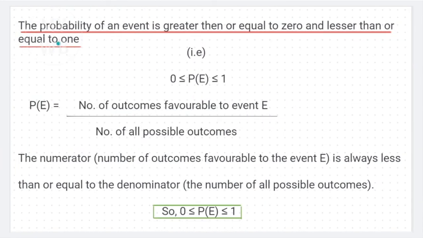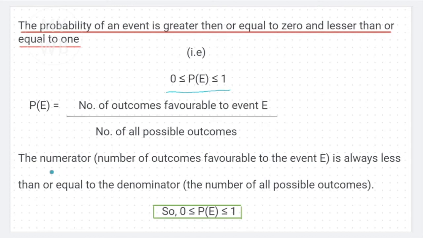The probability of an event is greater than or equal to 0 and less than or equal to 1. Why? Because probability is the number of favorable outcomes divided by the number of all possible outcomes.